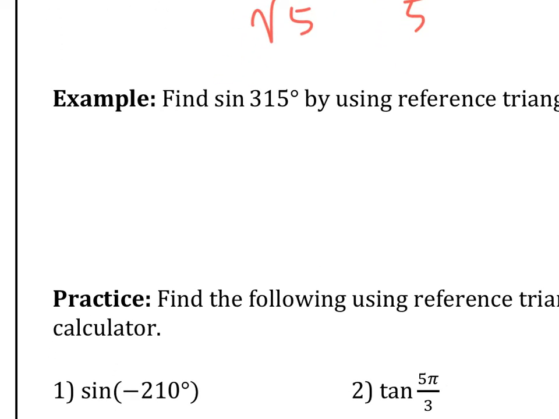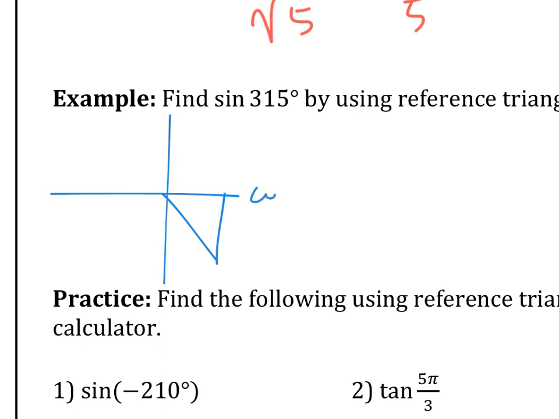Sine 315. So what you want to do is have an idea of a unit circle in your mind. So first, I just think 315 is over 180 degrees, so definitely on the bottom somewhere. So it goes 90, 180, 270. So it's past 270, so it's somewhere in the fourth quadrant, right? So 315, it ends in 5, so that's going to be one of the 45s. Okay, so it's definitely here.